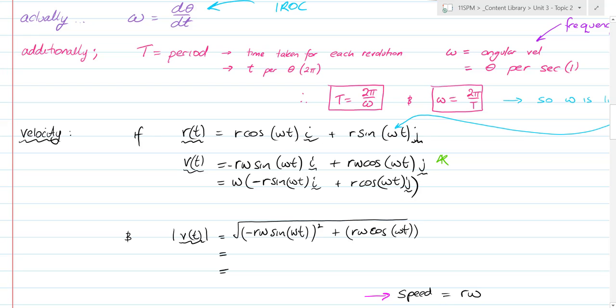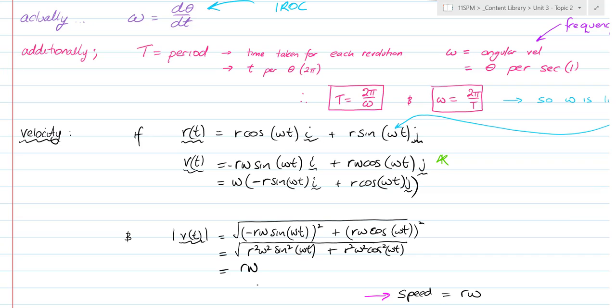That's equal to the square root of r squared omega squared sine squared plus r squared omega squared cos squared. You can take out r squared omega squared as a common factor. You're left with sine squared plus cos squared, which is 1, and the square root of r squared omega squared is just r omega. So you can simplify that, and you get the speed is equal to the radius times the angular velocity.